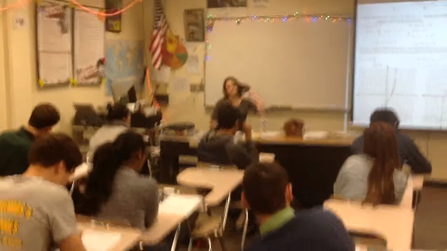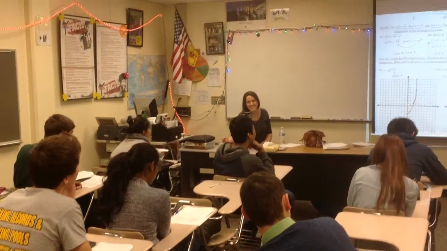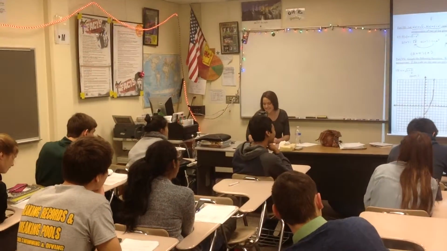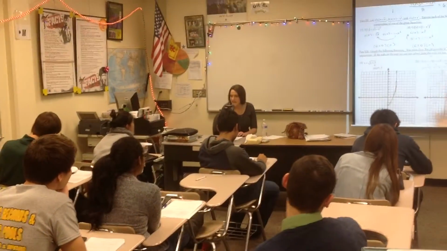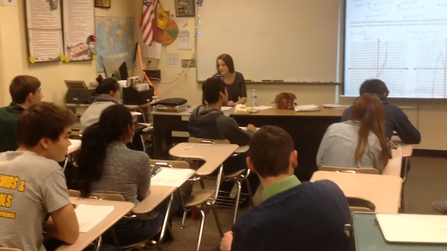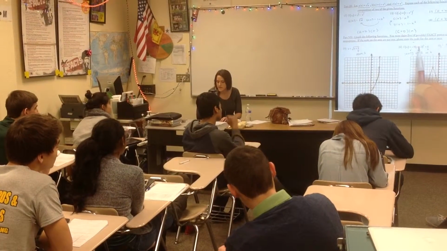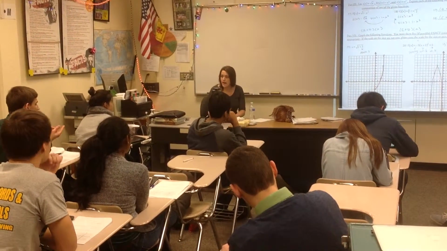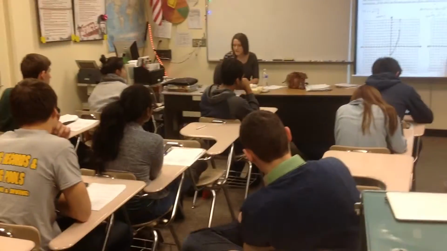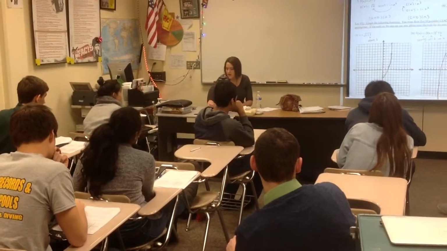Okay, so there are 3 different things that I have to look at for this one. Since I know that it's a quantity of x squared, I know it's going to look like a parabola. Since it's x plus 2 in the parentheses, I'm going to do the opposite of that, so I'm going to move it left 2. Since the 3 is outside, it's going to affect my y values.